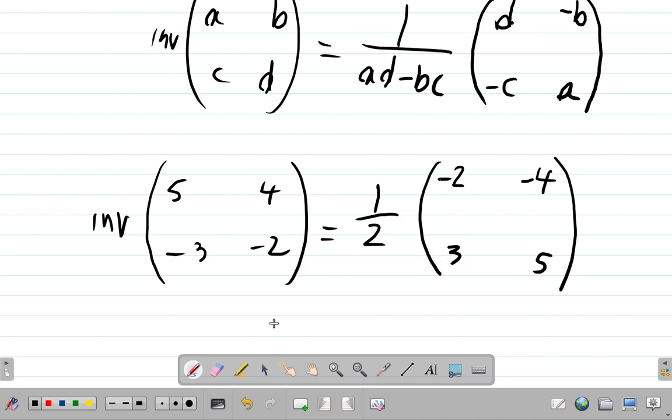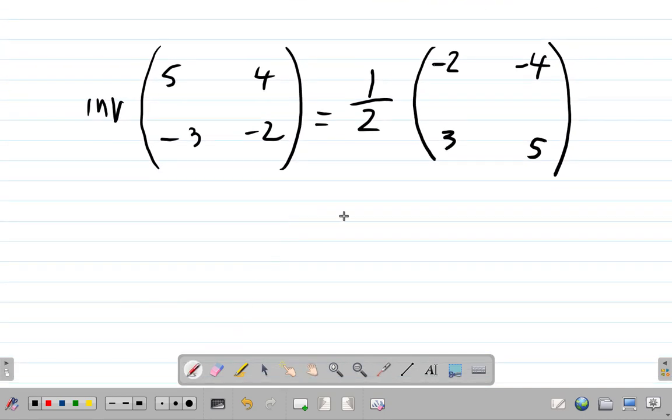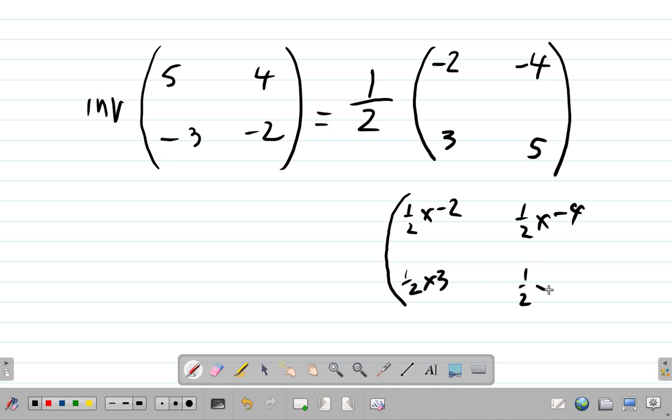Now, when you multiply a number by a matrix, each element in the matrix is multiplied by that number. So it's half times negative 2, half times negative 4, half times 3, half times 5.